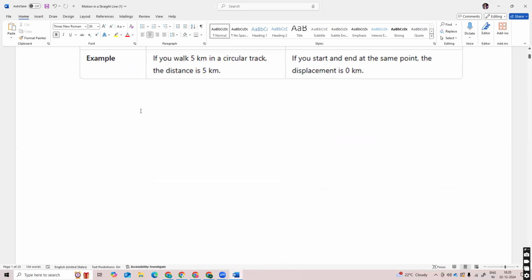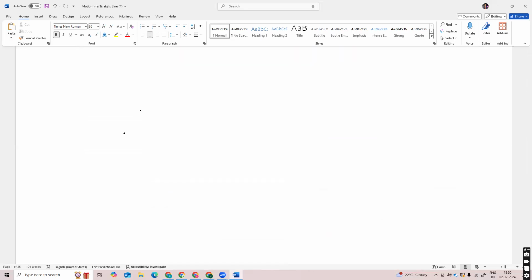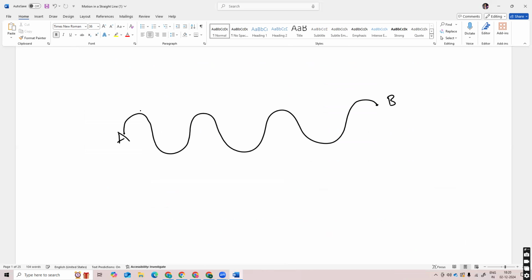So let's see, there is a person A, and he started moving from one place to another place by this given curve, and he reaches point B. So whatever is the length of this curve is basically the distance traveled by this person for reaching from point A to point B.